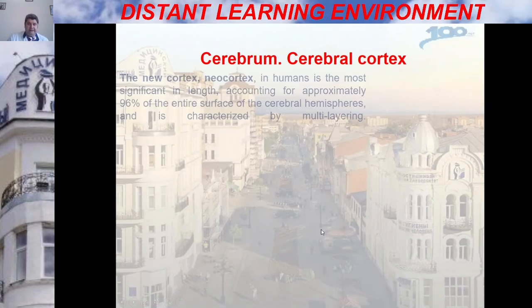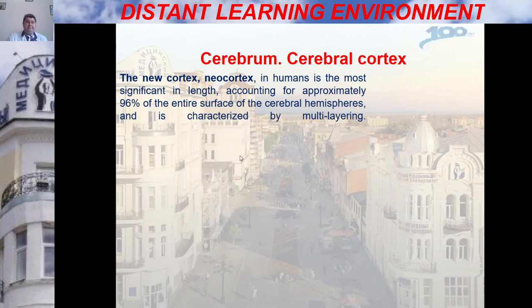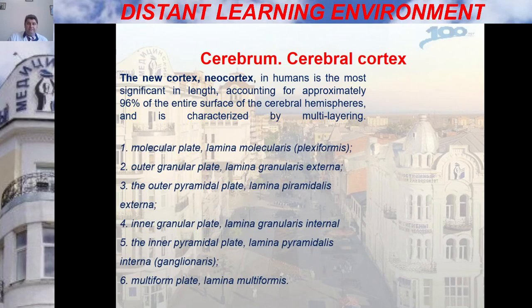And at last, the new cortex or neopallium. So, a neocortex in which the higher centers have appeared.